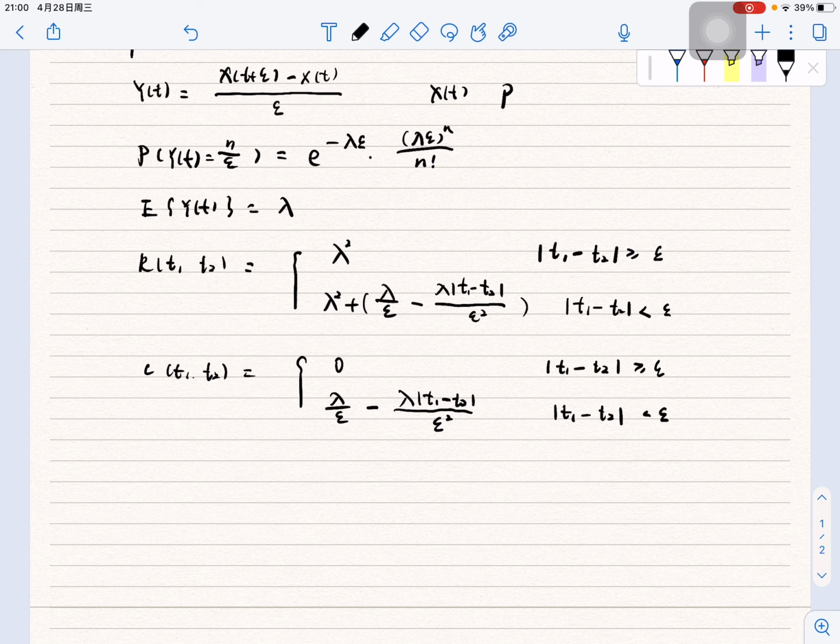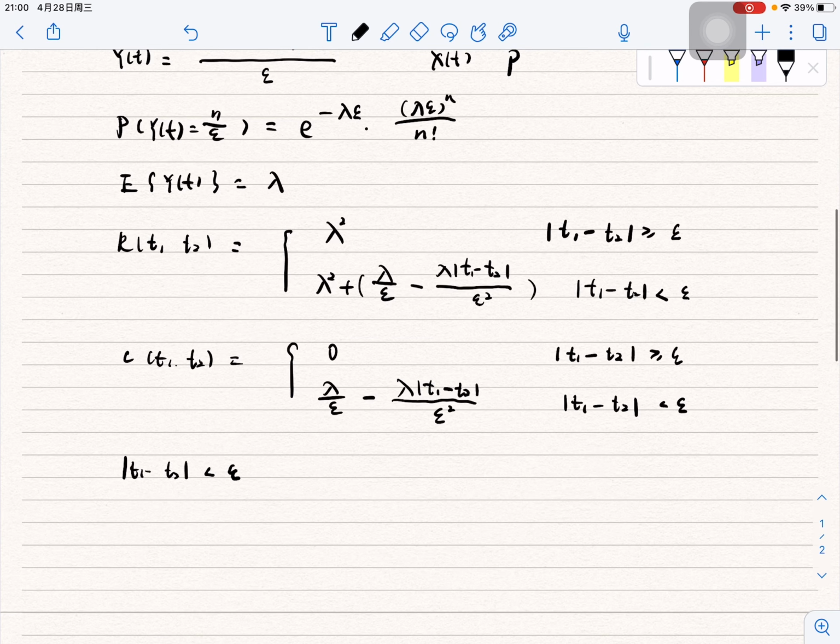In the autocorrelation, we can find that for t1 minus t2 less than epsilon, it is a triangle with area lambda, which is independent of epsilon. When epsilon approaches 0, the triangle becomes an impulse with area lambda.